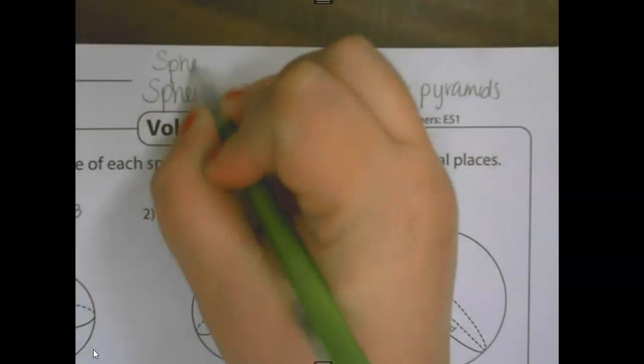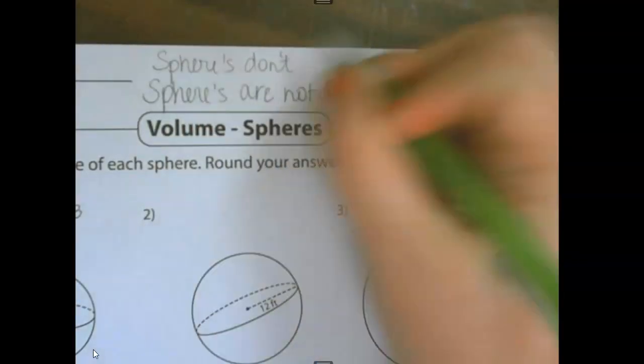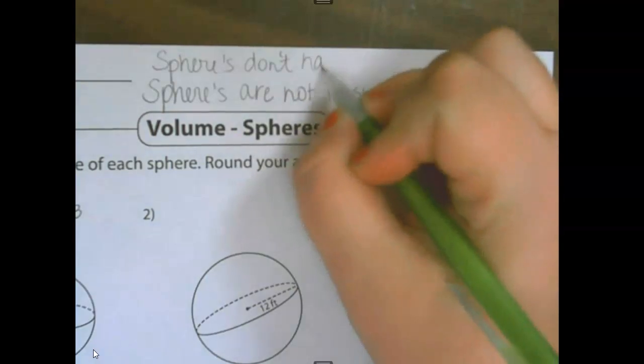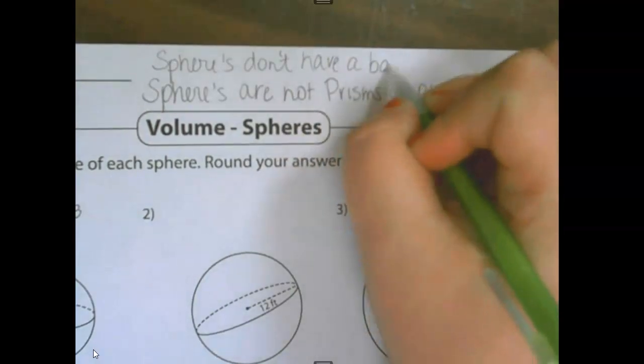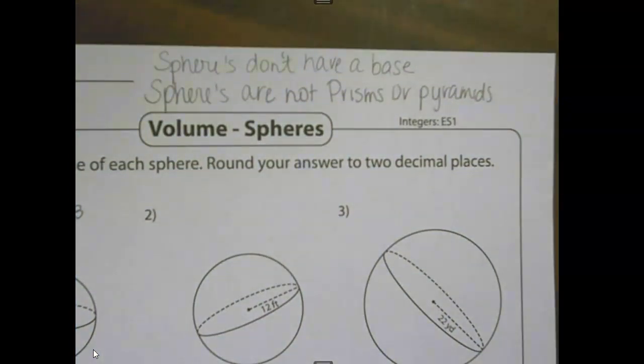Spheres have no base. So spheres, sorry I keep saying that wrong, don't have a base. That makes some really good warm-up and test questions. So putting that down also makes really good questions for your assignment that you'll have tomorrow.